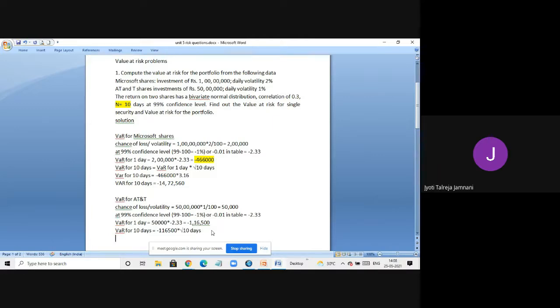So value at risk for 10 days is equal to 1,16,500 into 3.16. If you take all the digits, you will get a more accurate answer. If you take 2 digits, the answer may vary depending upon how many digits you have taken in the exam.